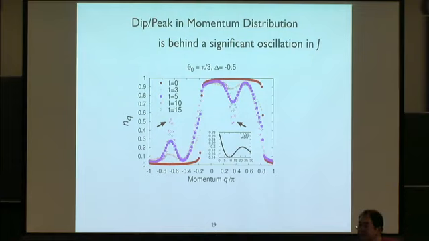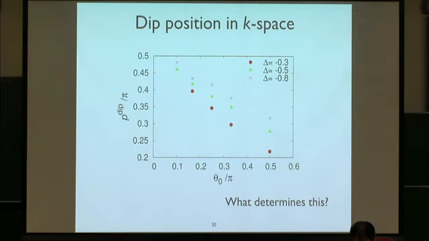But the dip and peak, do you know the theta-naught dependence? Yeah, I'm coming to that. This dip momentum and peak momentum are just shifted by pi, so we just need to know the dip momentum. And it seems to depend roughly linearly on the amplitude of the pulse, or the initial value of the vector potential.